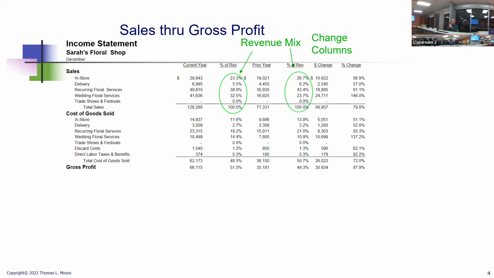So if, for example, I have an in-store clerk that's working in the store and people come in and buy things, that clerk's salary is included in that 14,937. Hopefully that makes sense, the notion that that's a variable cost. There are other labor costs that aren't necessarily variable, and we'll look at those in a little bit.